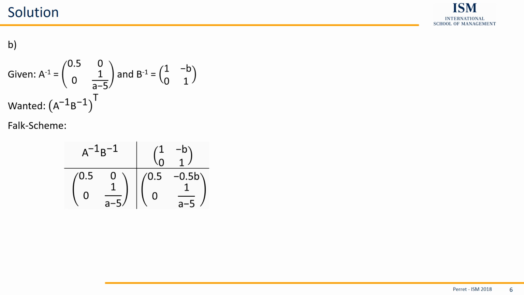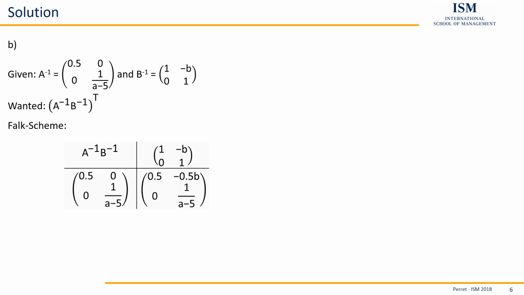We put the left-sided matrix, so the inverse of A, in the lower left, and the right-sided matrix in the upper right. And then for the multiplication, we consider the corresponding column and the corresponding row. We multiply all the elements and add up the results.